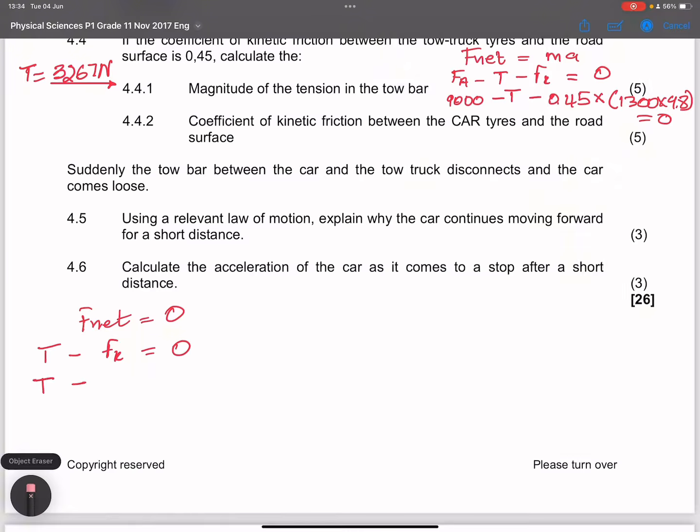So coefficient multiplied by the mass of the car, that's 750 times 9.8, is equal to 0.